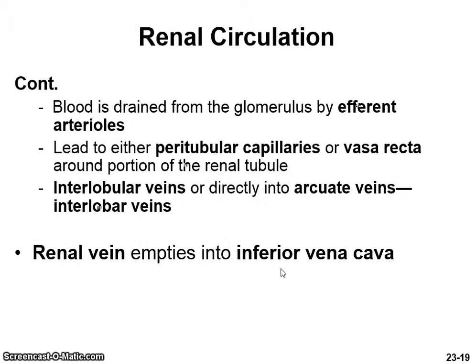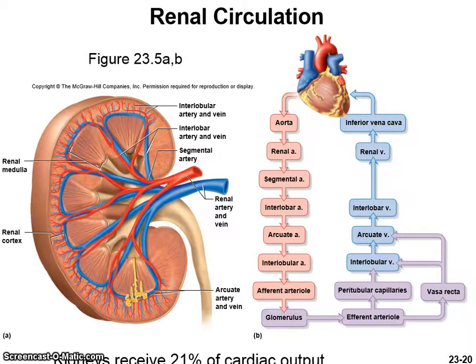Blood is drained from the glomerulus by the efferent arterioles, leading to either peritubular capillaries or vasa recta around portions of the renal tubule. Then interlobular veins or directly into arcuate veins, interlobar veins. So it's nothing, don't worry about it. The renal vein empties into the inferior vena cava.